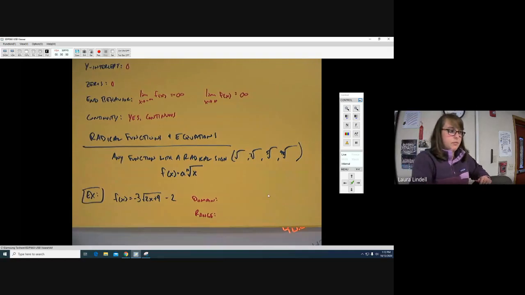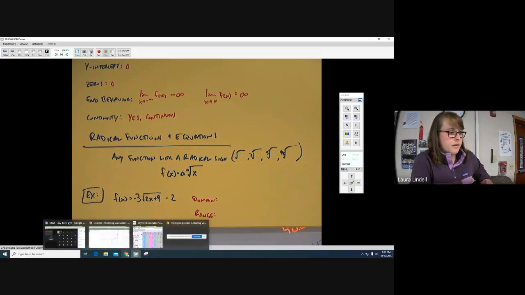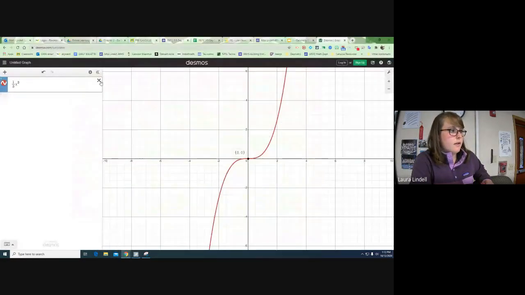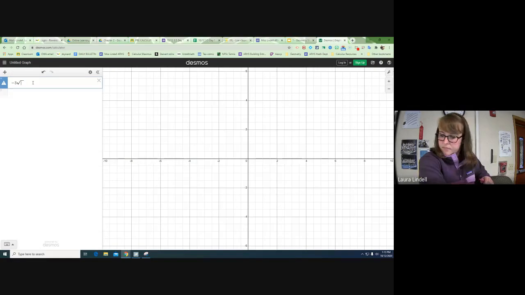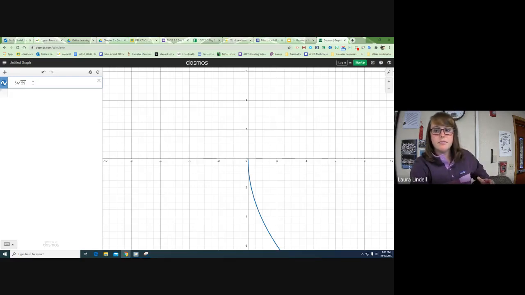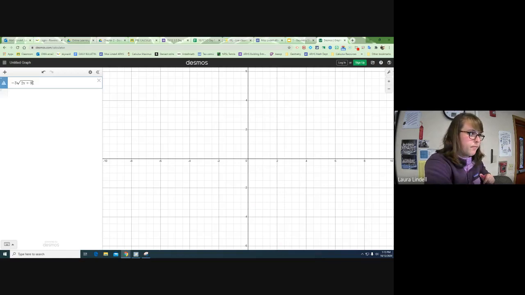And what I would do again is plug it into Desmos. Also a shortcut, if you didn't know already, typing sqrt into Desmos gives you a square root, if you don't want to use their little keyboard.